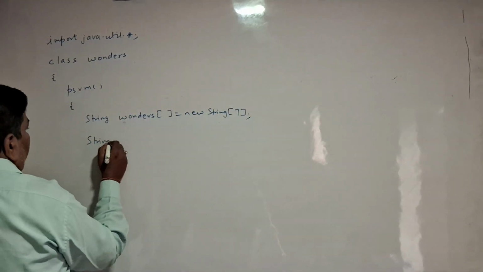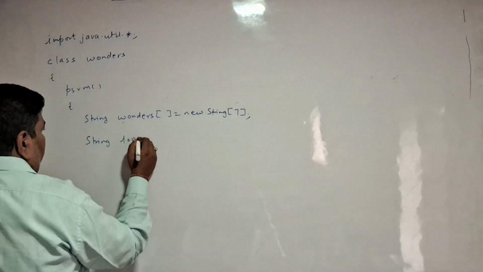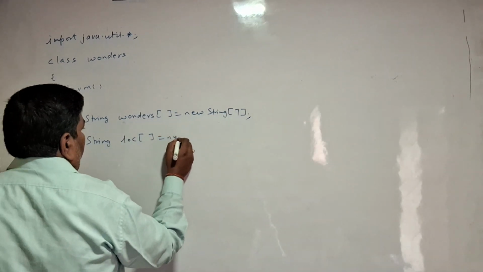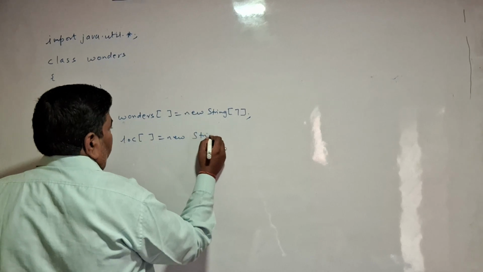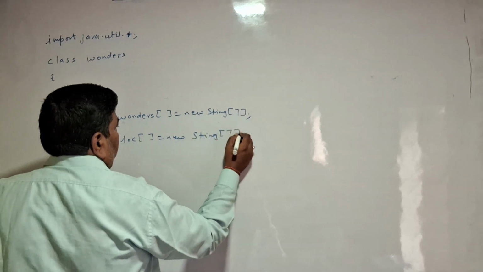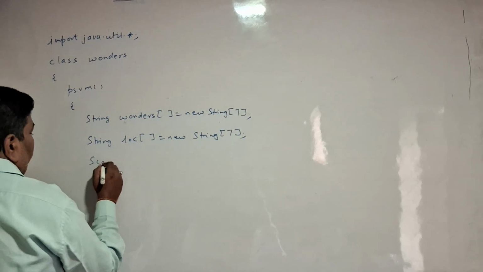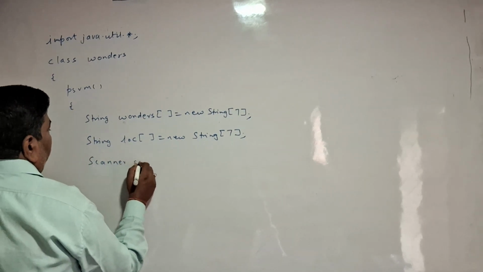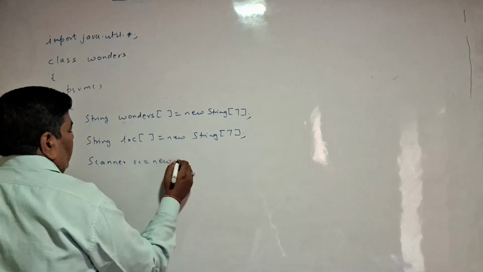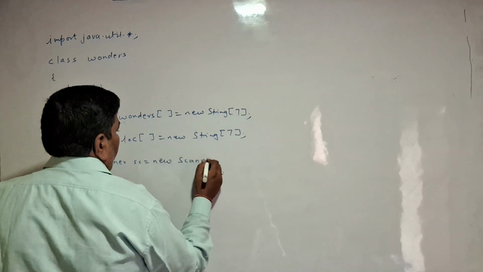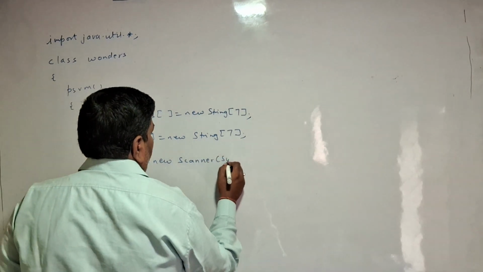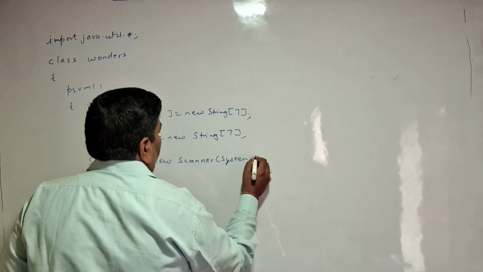Then string location equal to new string of size 7, because location is also text, so this will also be string. Then write Scanner sc equal to new Scanner, System dot in, like this.